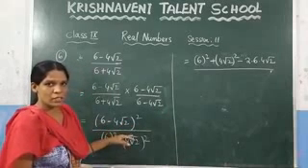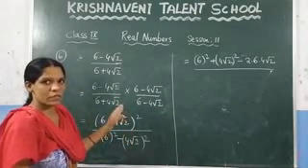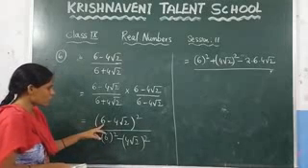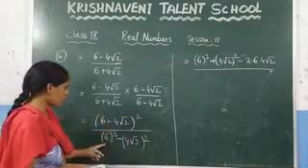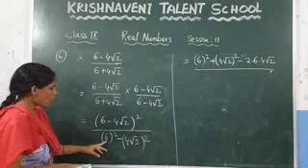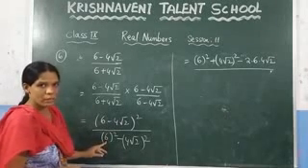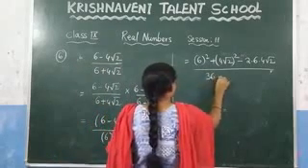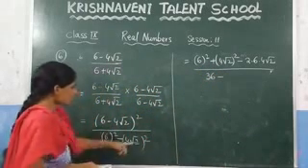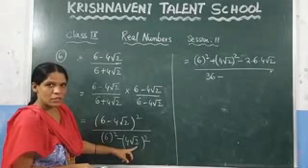What is the formula for a minus b whole square? A square plus b square minus 2ab. So here 6 square plus 4 root 2 whole square minus 2 into 6 into 4 root 2. Now solve this one. How many times do you need to multiply 6? 2 times. What is the value of 6 into 6? Which is 36 minus. Here this square is applicable to both of the numbers.